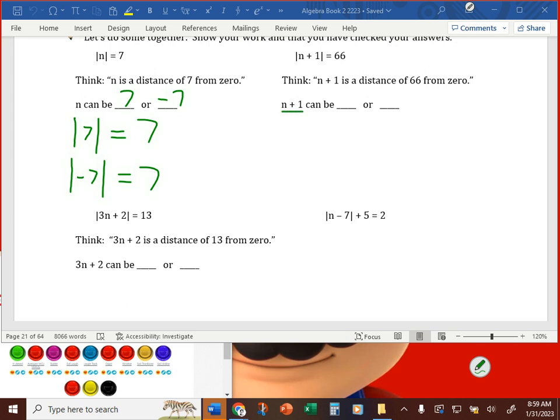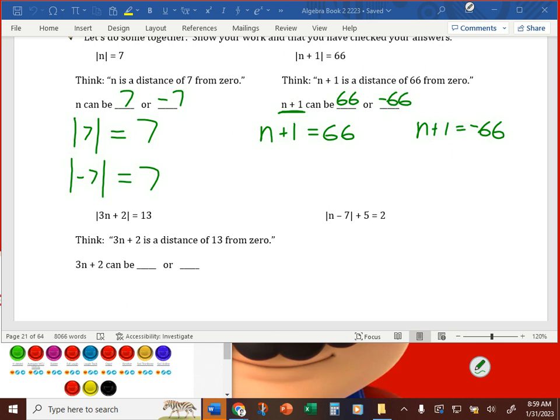That means that n plus 1 could be 66 or negative 66. If n plus 1 is a distance of 66 from 0, that means n plus 1 can be 66 or negative 66. And here's where your two equations come into play. n plus 1 can be 66, or n plus 1 can be negative 66.